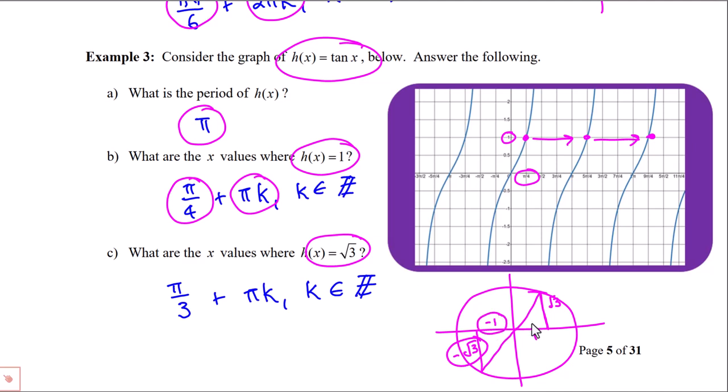So then this is the big angle, the 60-degree angle, pi over 3. And then to get to the angle into the third quadrant, I can add pi, add pi, add pi, add pi, and I can get to both of them because the period is pi. I don't have to worry about 2 pi.